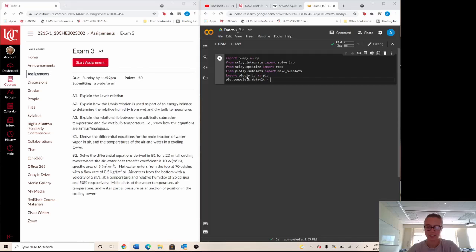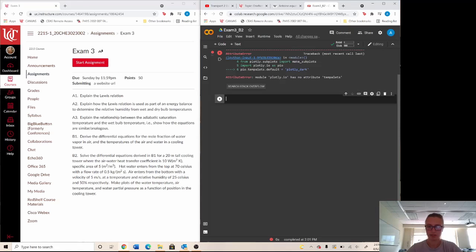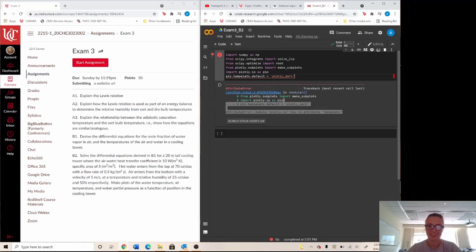We're going to set this equal to plotly_dark, and this will give our subplots a dark background. So we should have everything imported that we need for this problem, and I spelled templates wrong, so we're going to fix that really quick.